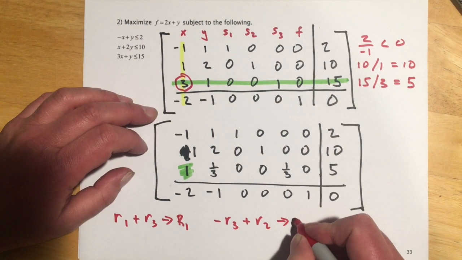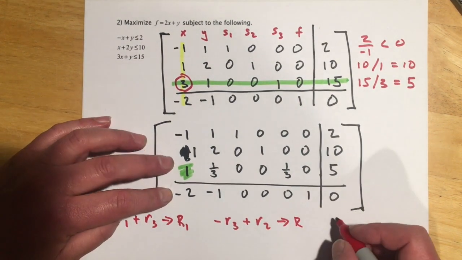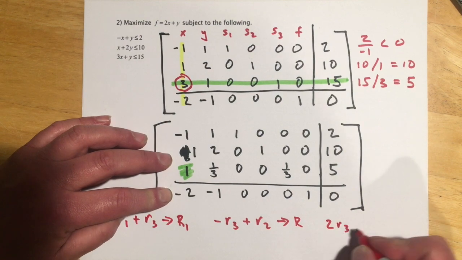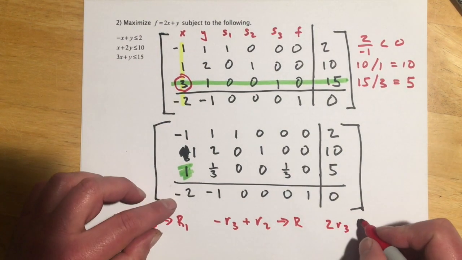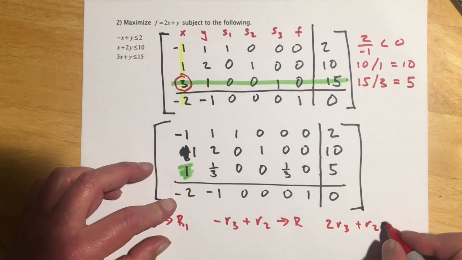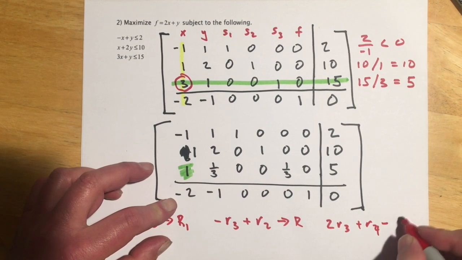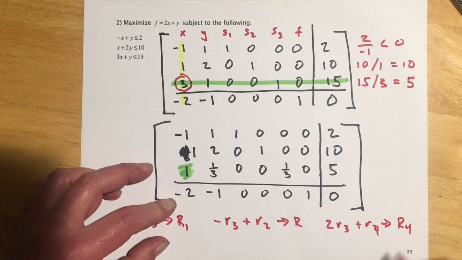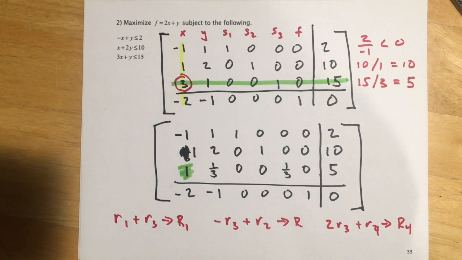That will make our new row 2. And then here we'll go 2 times row 3 plus row 4 to make our new row 4. And so I'll cut away and get all that set up and then come back.